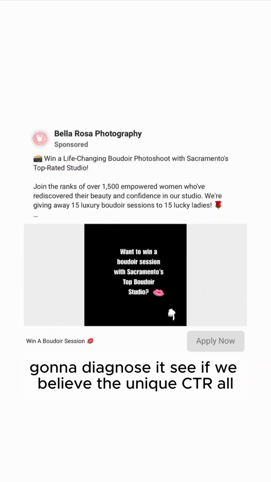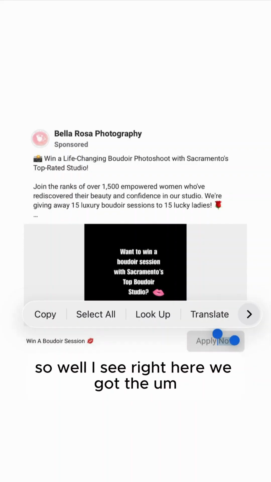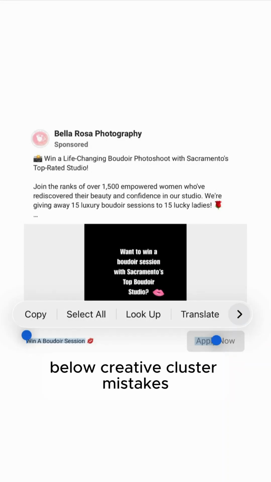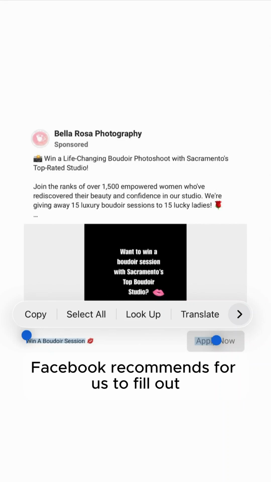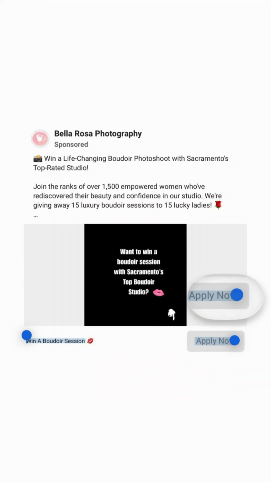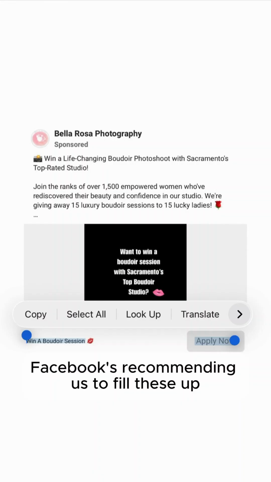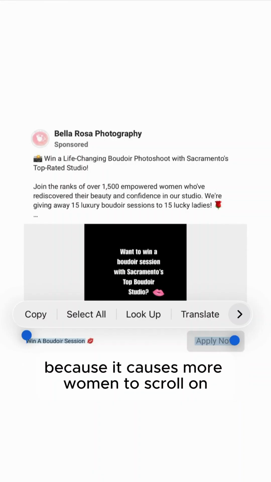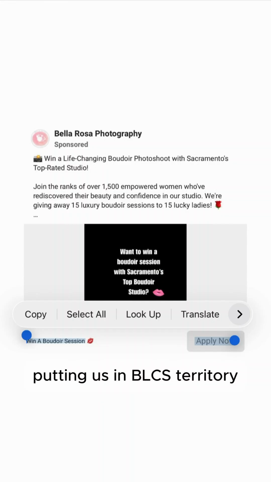Well, we can diagnose it, see if we believe the unique CTR is under 6% and they have BLCS or not. I see right here we've got the below creative cluster mistakes. This is when we're filling out all the stuff Facebook recommends for us to fill out. The problem with this, though, is that Facebook's recommending us to fill these out because it causes more women to scroll on by, bringing our unique CTR under 6%, putting us in BLCS territory.